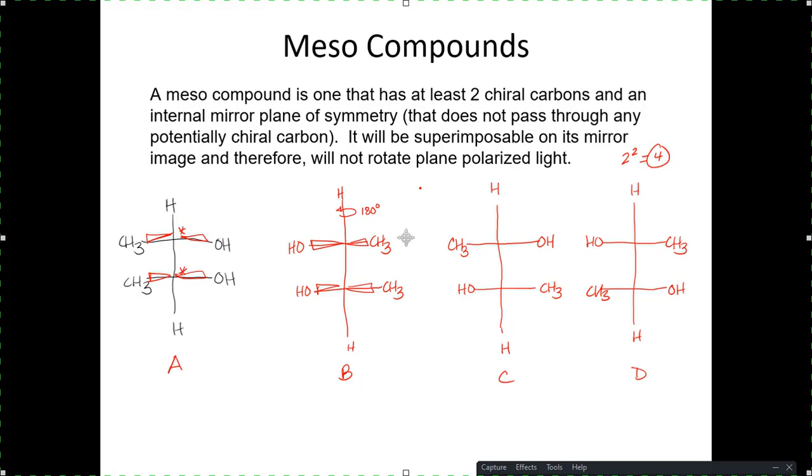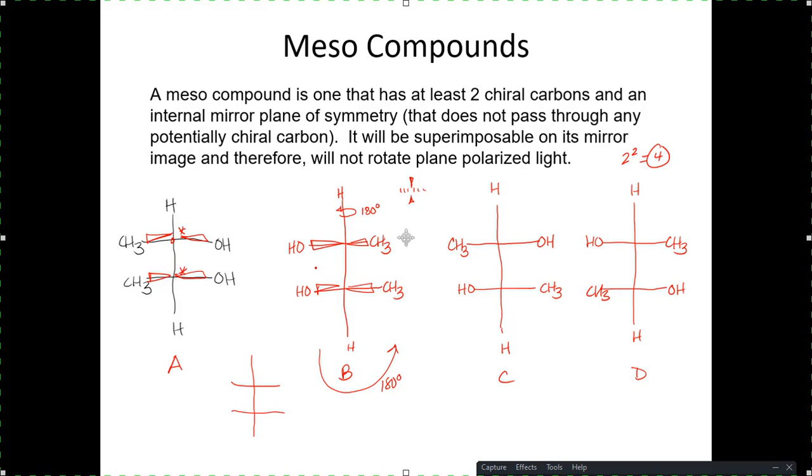If we do that, then we end up with the top carbon having as horizontal positions the dashed wedge, and that could not match up with this carbon. But I could take this molecule right here, and in the plane of the screen, I could rotate it 180 degrees so that it looks like this.